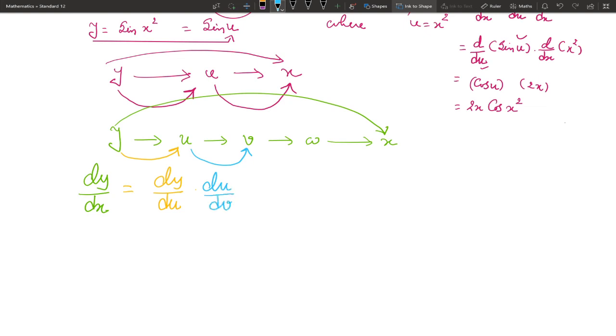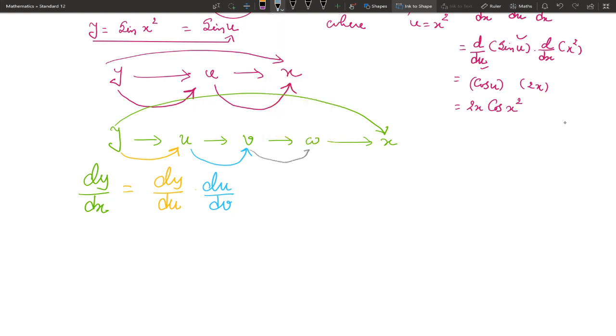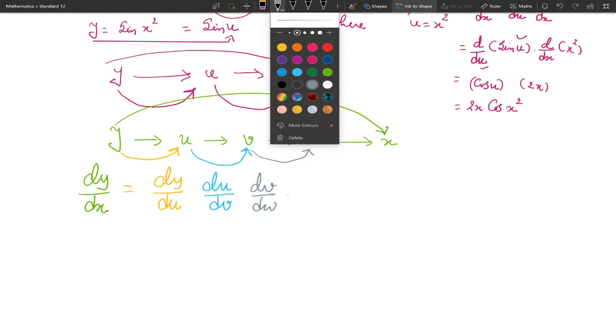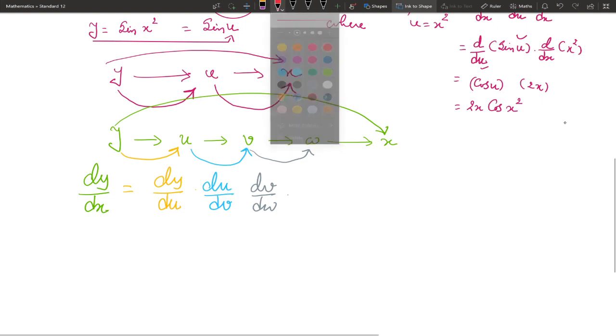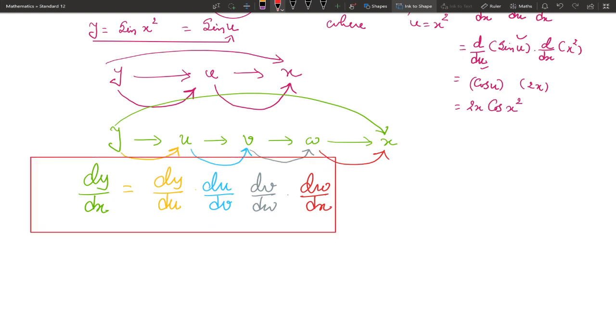Again, v is a function of w, so differentiate v with respect to w. And finally, w is a function of x, so dw by dx. Thus we obtain derivative of y with respect to x.